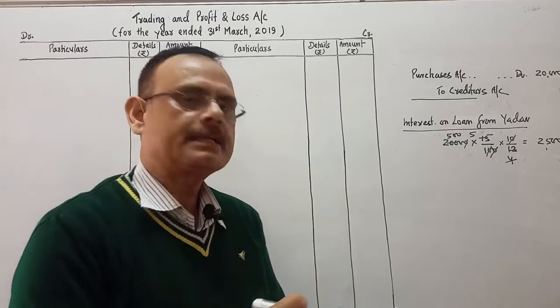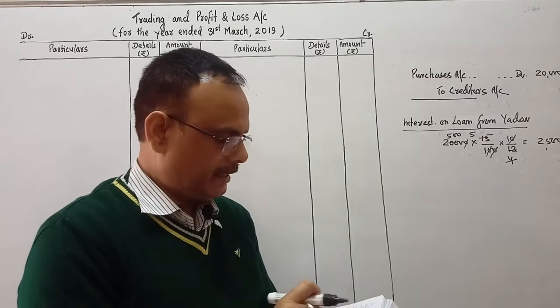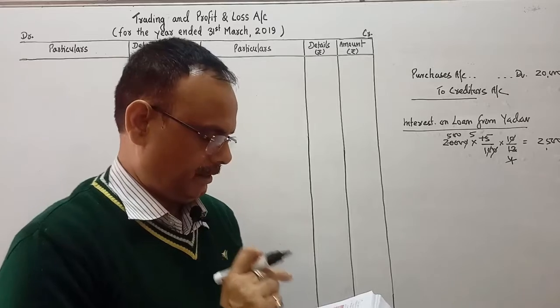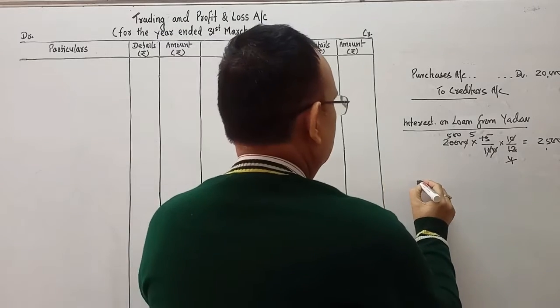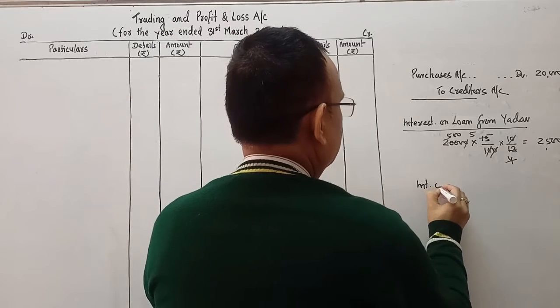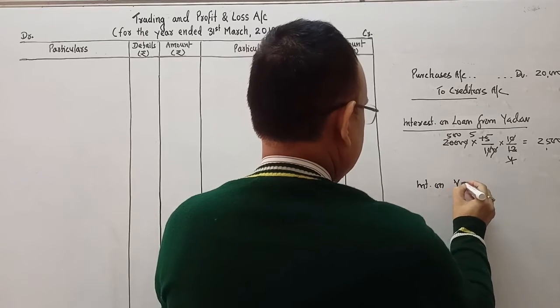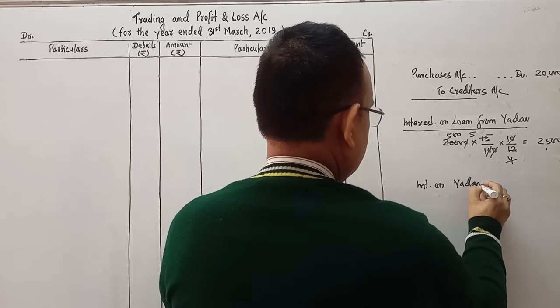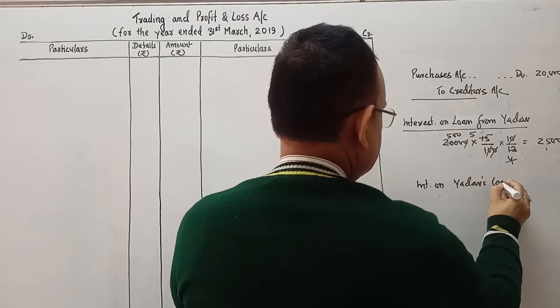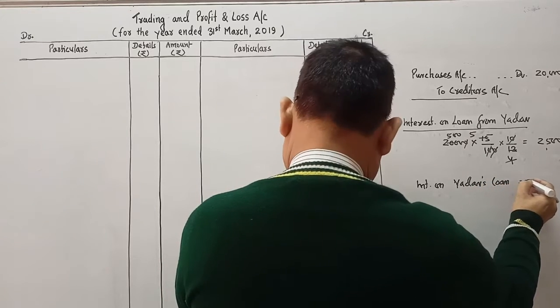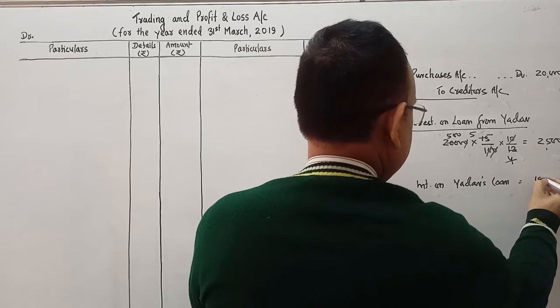And you see in the trial balance debit side, interest on Yadav loan is given, that is, 1,500.